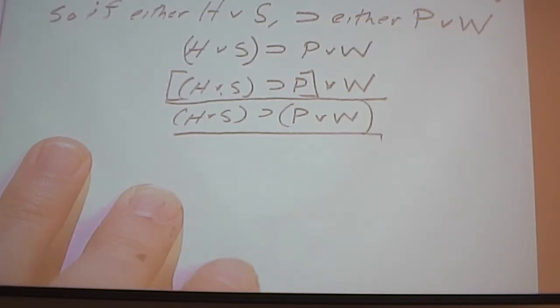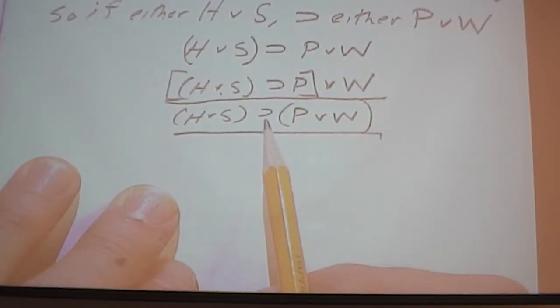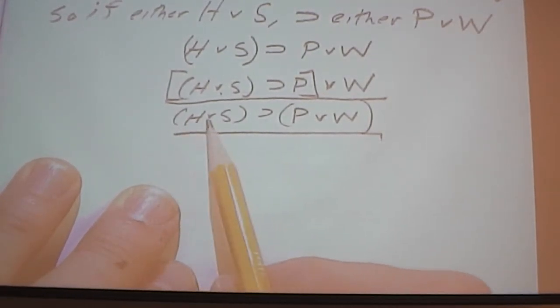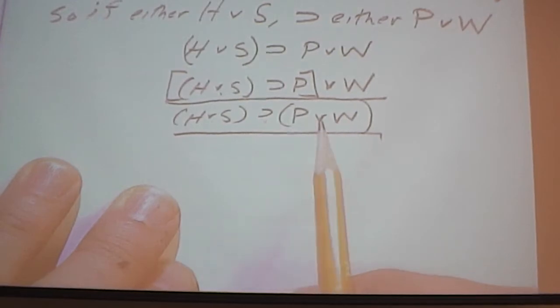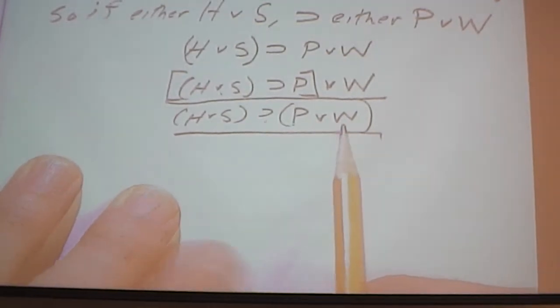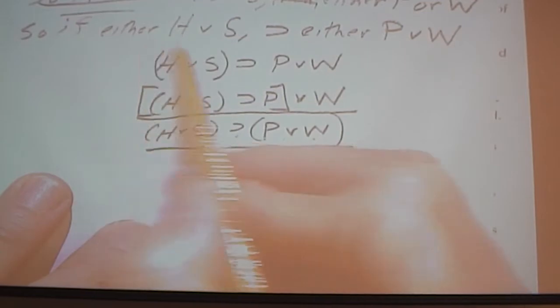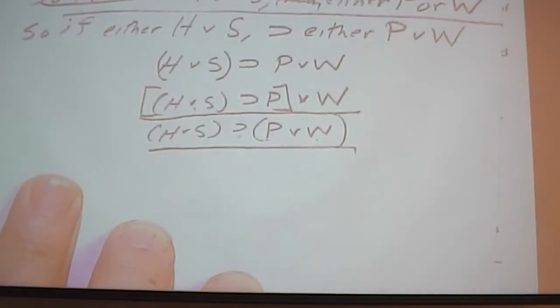And I think that's the way it's going down. If, either, H or S, then, either, P or W. And that's what our first layer of translation looks like right there. Good?